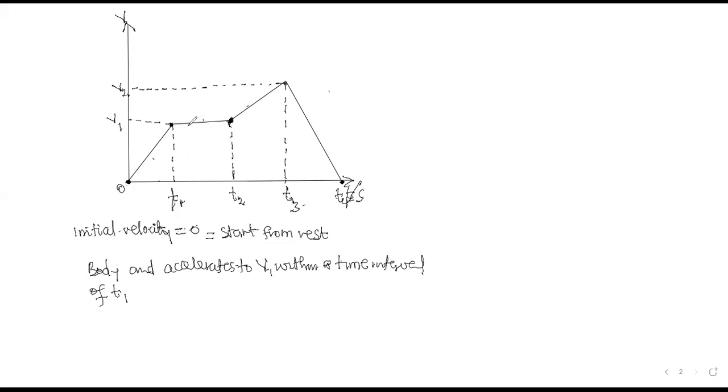In the velocity time graph, when the slope is 0, it means constant speed or velocity. Okay, and maintains a constant velocity from t1 to t2 and accelerates uniformly to v2 within the time interval t2 to t3.